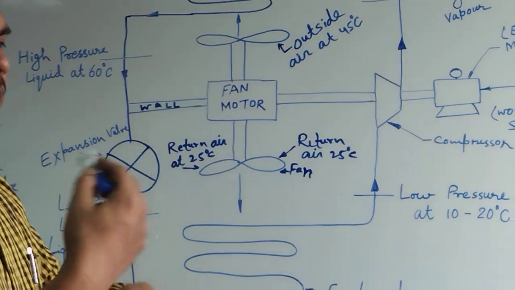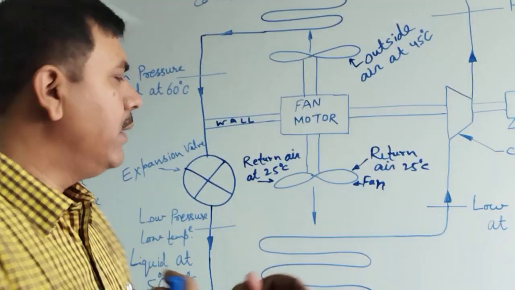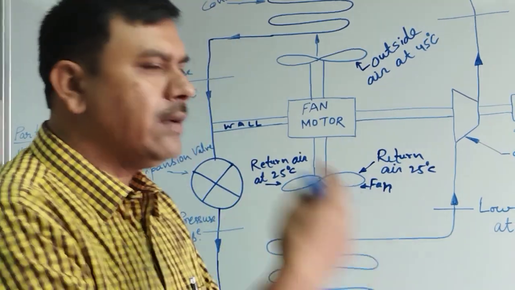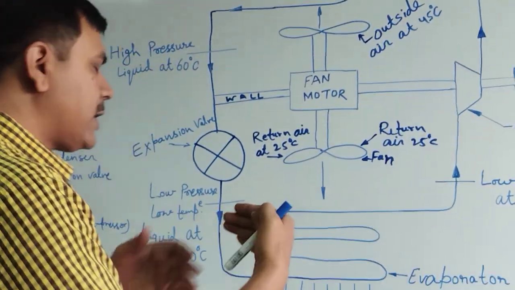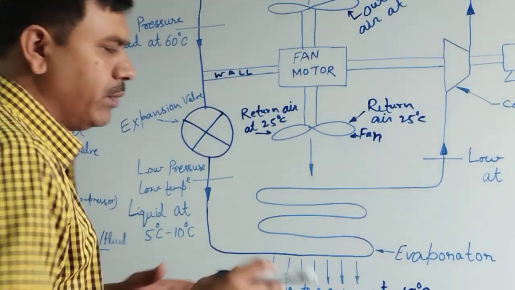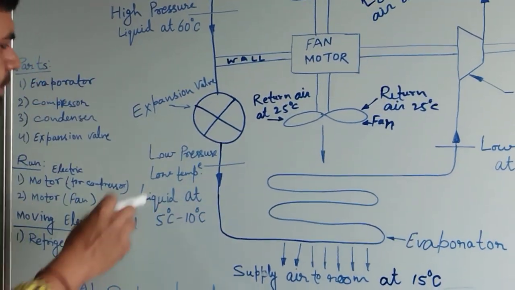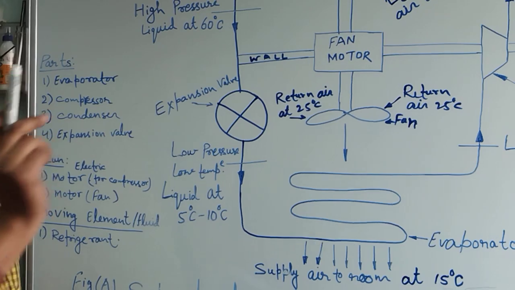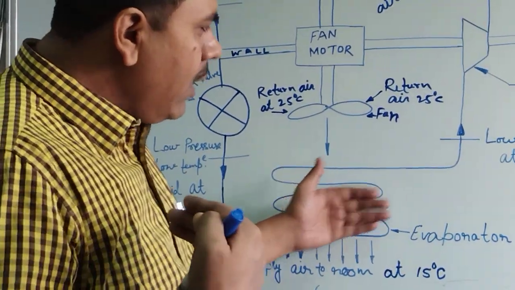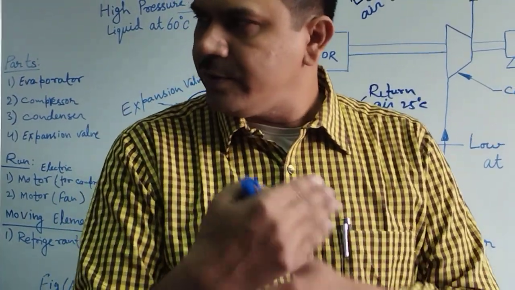Then the fans rotate, receiving the hot air and circulating it to touch the cold tubes, cold fins, which are coming from the expansion valve at 5 degrees Celsius to 10 degrees Celsius. Then the 25 degrees Celsius air touches the fins of the pipes, tubes.